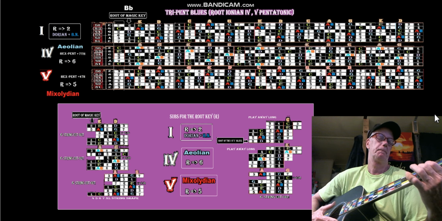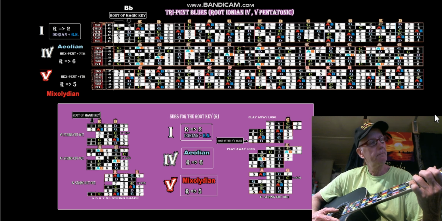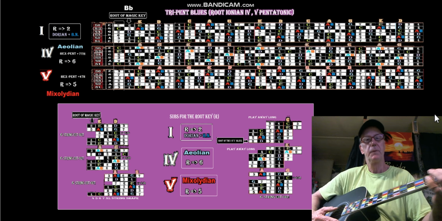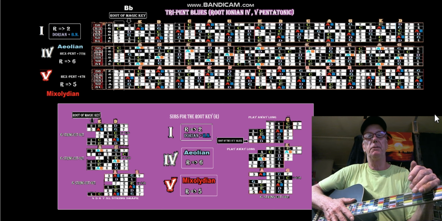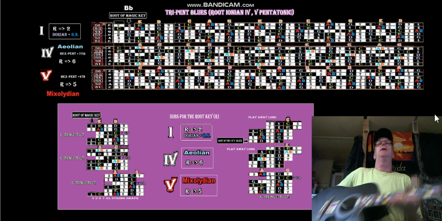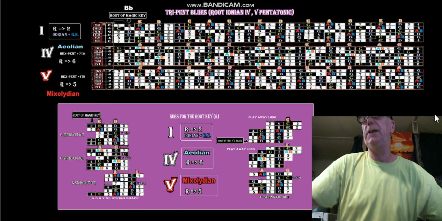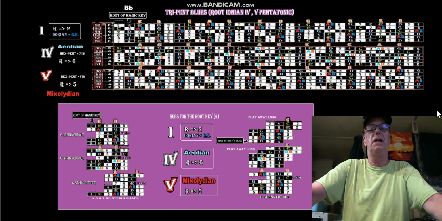We can always add back in those notes from the original Ionian with the Dorian overlay. So I've done a chart here to try and make this easier, because I know it's getting inherently complicated.